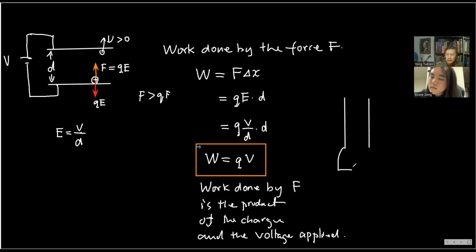In this case, I want to accelerate the charge, not decelerate it. So I put this for the filament. If I put the filament like this, here I can make another small battery. This battery is to make the filament hot, so that it can generate electrons.